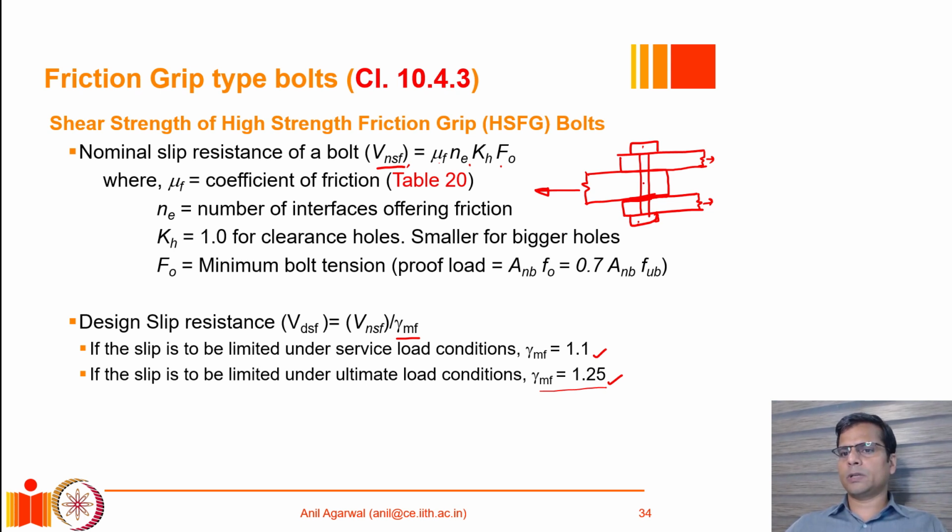However, whenever there is an ultimate load, the maximum possible load that comes to the structure, the connection allows for slip, and then it changes its behavior into a bearing type behavior. So if that is the design philosophy, then for service load conditions, that is for slip resistance, we will take a factor of only 1.1.